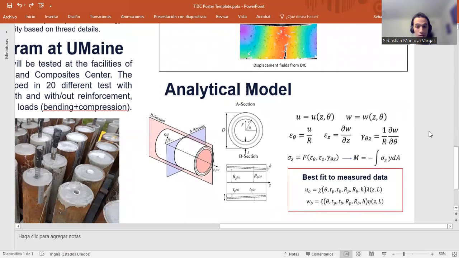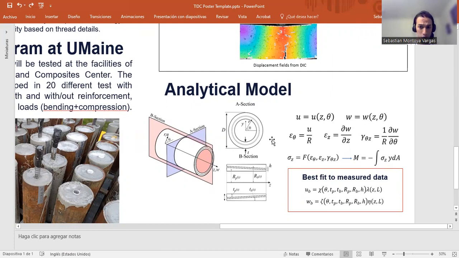So we are not representing the thread geometry, and we are not solving a contact problem. We will be representing the interaction between the threads by constraining the way in which these pipes can deform relative to one another. So we can have the radial displacements U and the longitudinal displacements W that happen in each of these pipes.